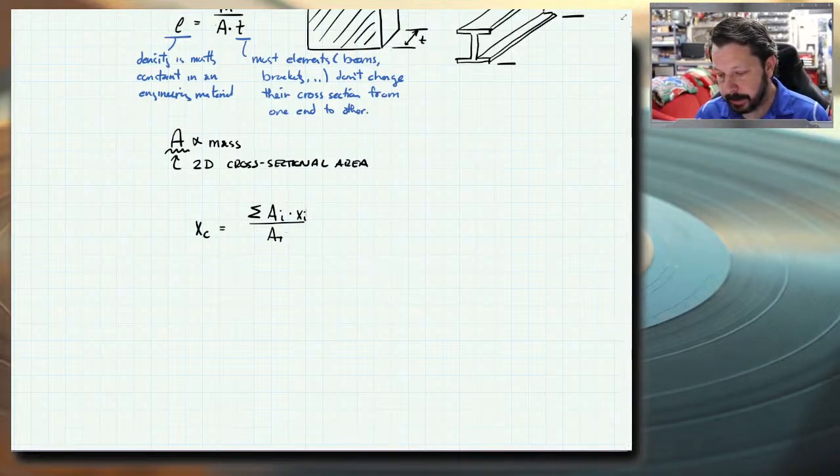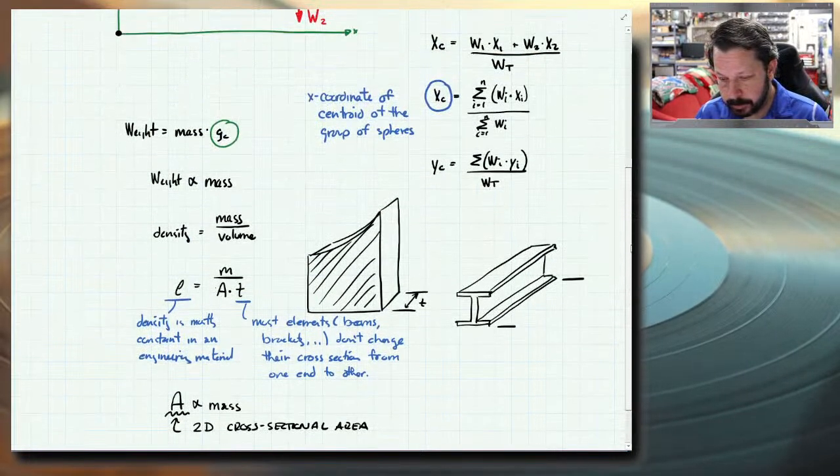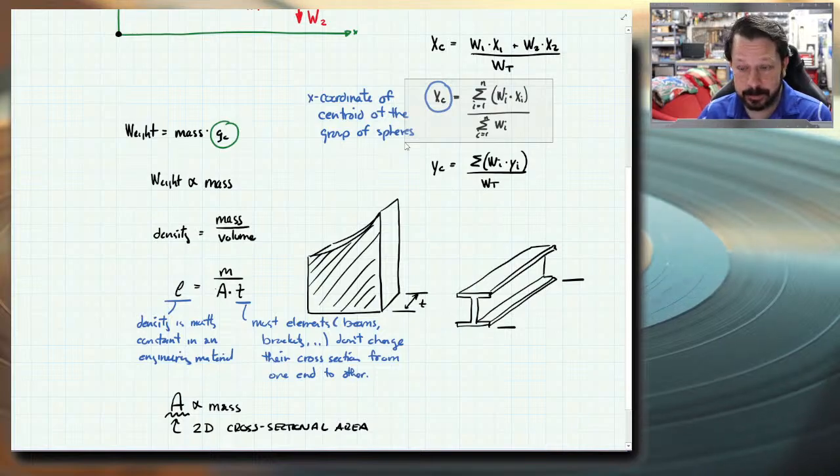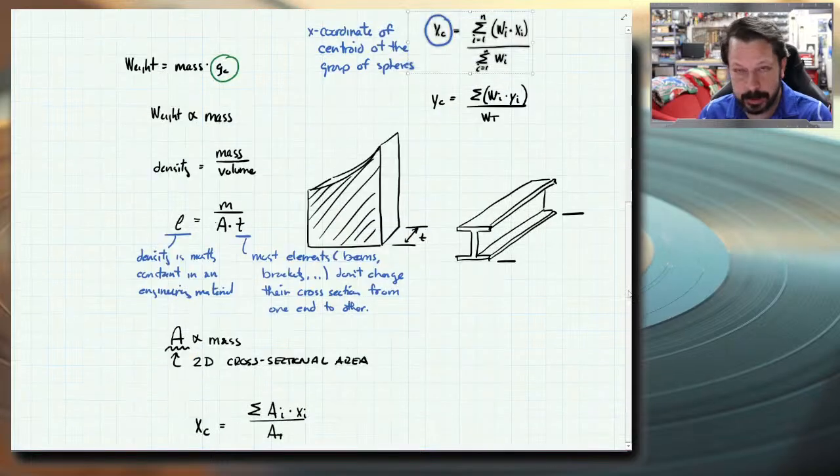So not necessarily weights anymore. I just took this equation here and substituted the weight as an area, because the area represents the weight, assuming I make all these same assumptions that we just walked through.